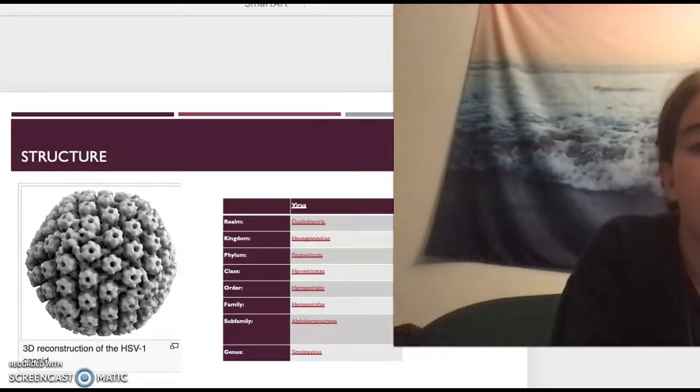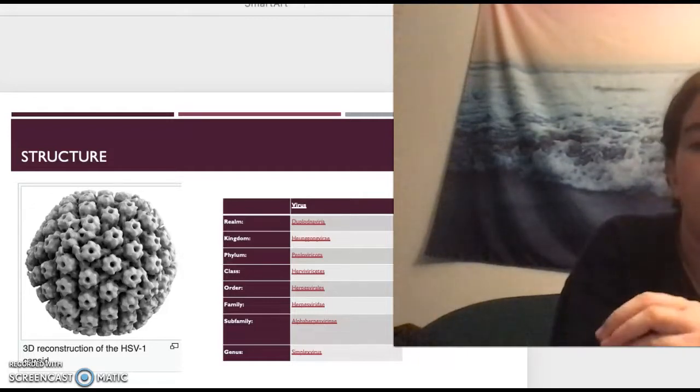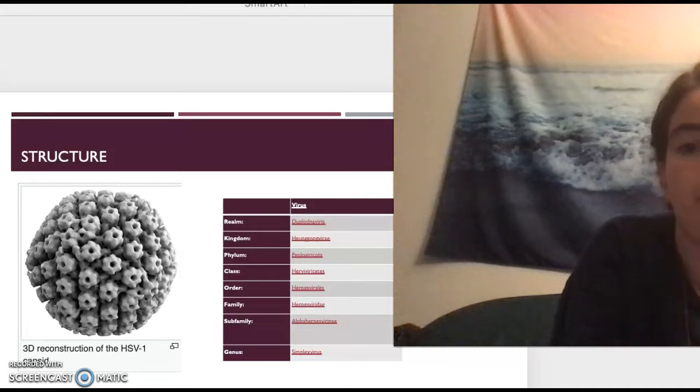It may be spherical to pleomorphic in shape, with numerous evenly dispersed glycoprotein surface projections, so little things sticking out on the surface of this image. And then here we have the taxonomy for herpes. Note that the family is the Herpesviridae, the genus is the simplexvirus, and then the species is the herpes simplex virus 1 or 2.